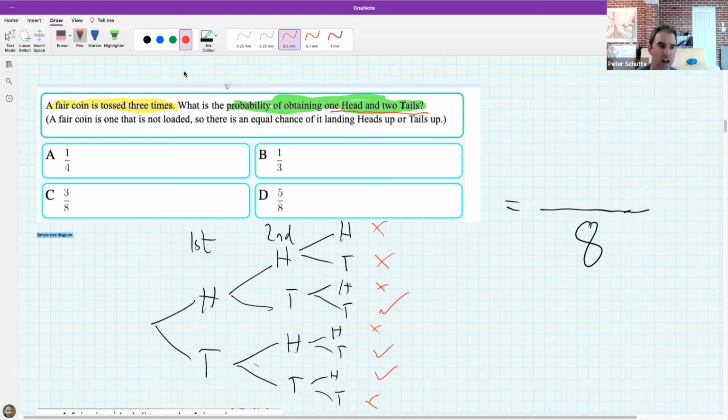So if I look at my drawing, I see that heads, tails, tails is one option. Tails, heads, tails is another option. And tails, tails, heads is another option. And so the correct answer is going to be 3 out of 8, which is question C.